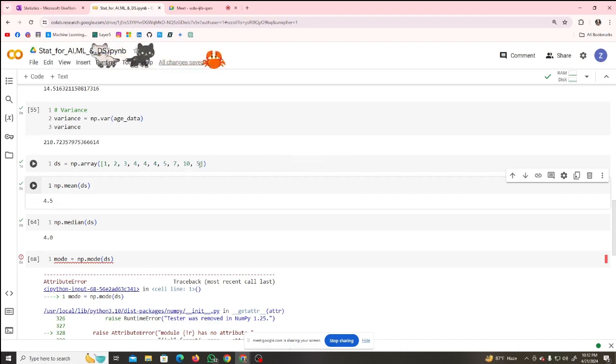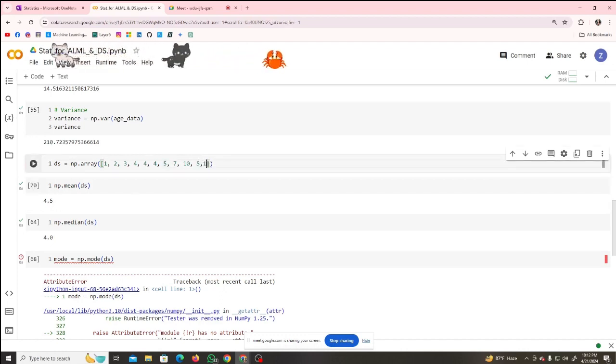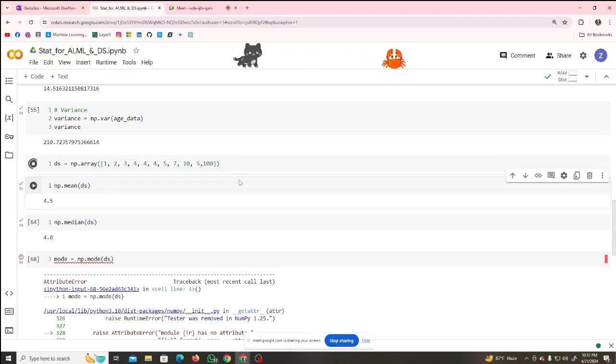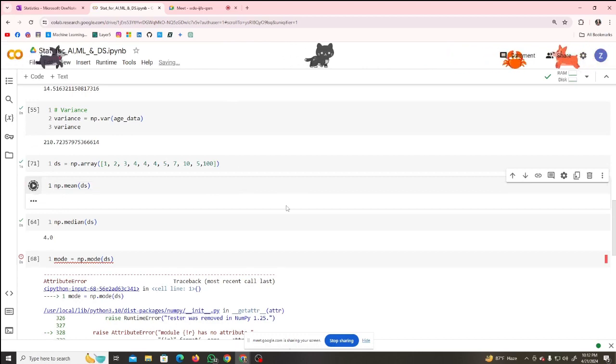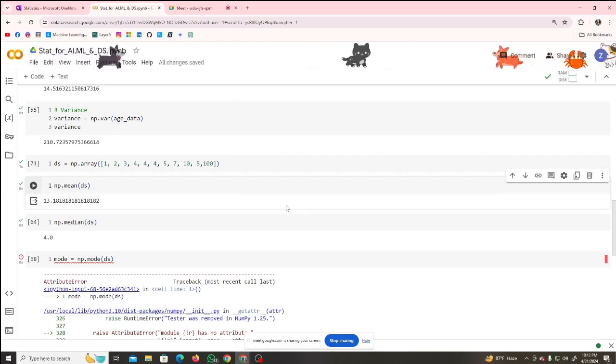Now let's add 100, which is the outlier, right? And now you can see how drastically the value has changed. That was 4.5, and after adding 100 to our dataset, the value of mean is 13.18, which is quite large compared to 4.5, right?